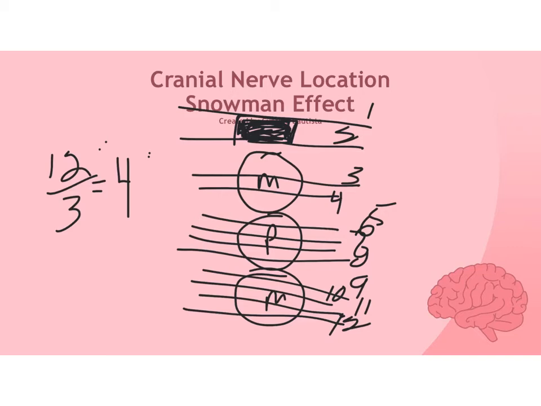For example, if your client has infarcted their pons, if in your mind you can visualize this snowman, you would know that 5, 6, 7, and 8 are on the pons section of the brainstem, and those are the 4 cranial nerves that you should assess or trend for neurological deficits if your client has stroked in their pons.